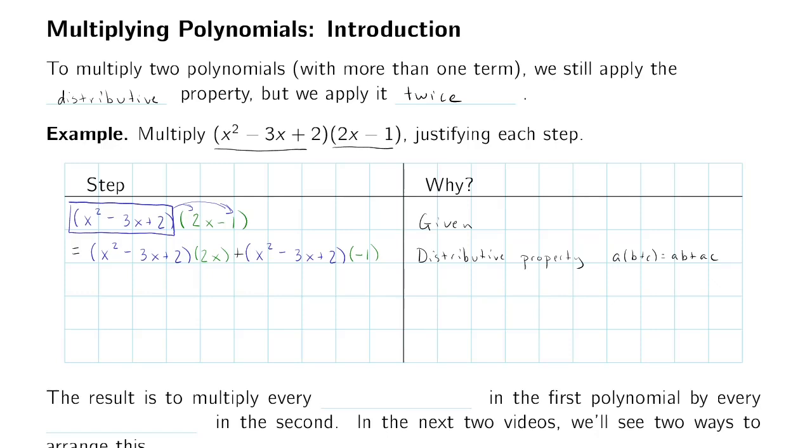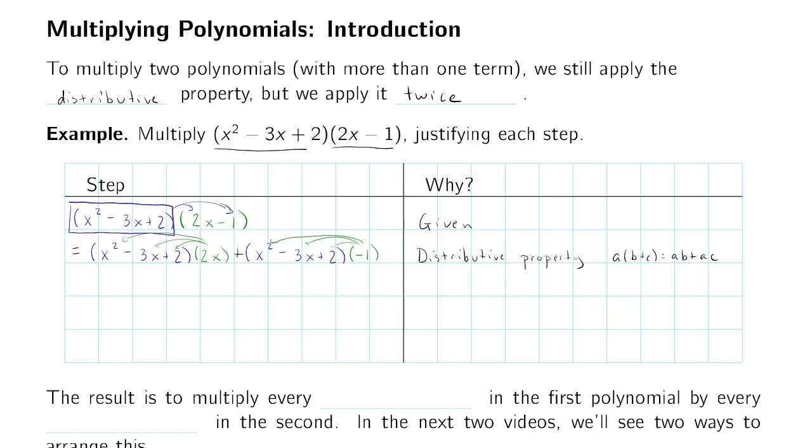But we can also apply the distributive property to the left. So the next thing we're going to do is distribute to the left across each instance of the first polynomial.